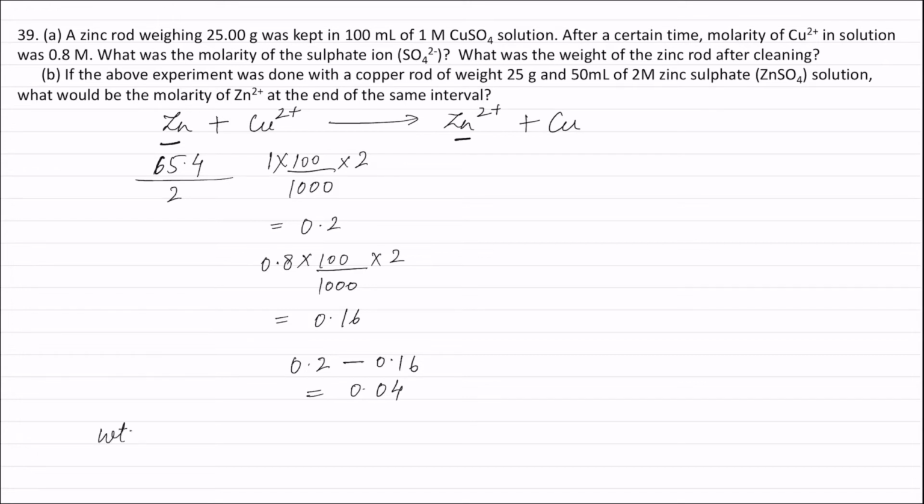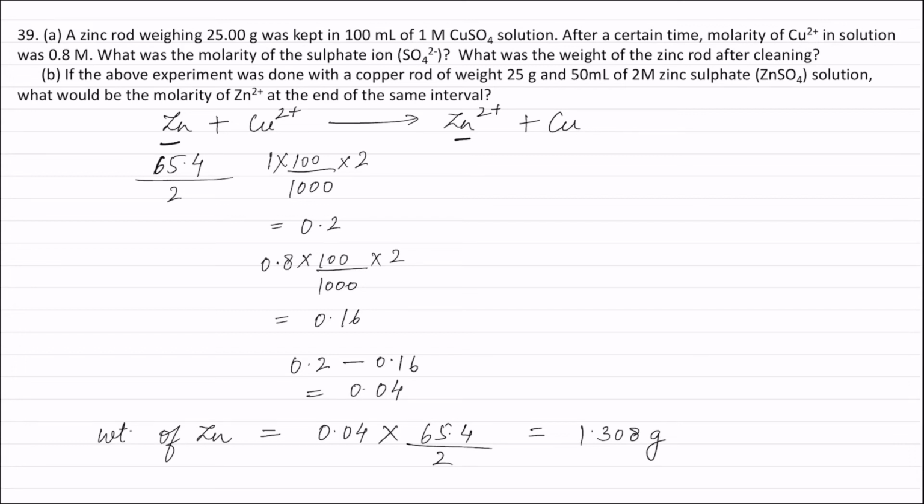Therefore, the weight of zinc that changed from zinc to Zn2+ ions will be equal to the equivalents of zinc, that is 0.04 equivalents, into the equivalent weight of zinc, that is 65.4 divided by 2, and this is equal to 1.308 grams.